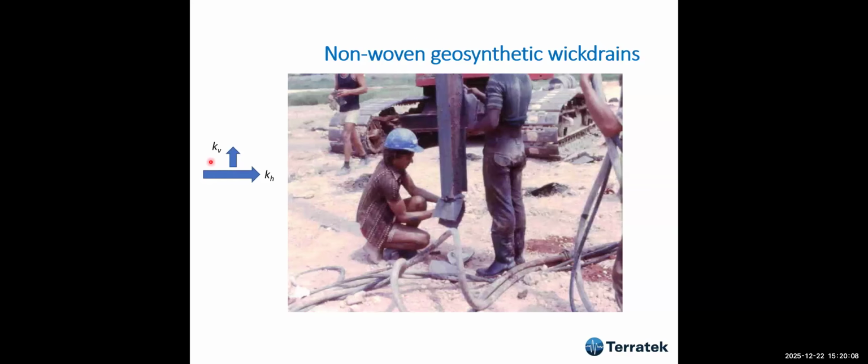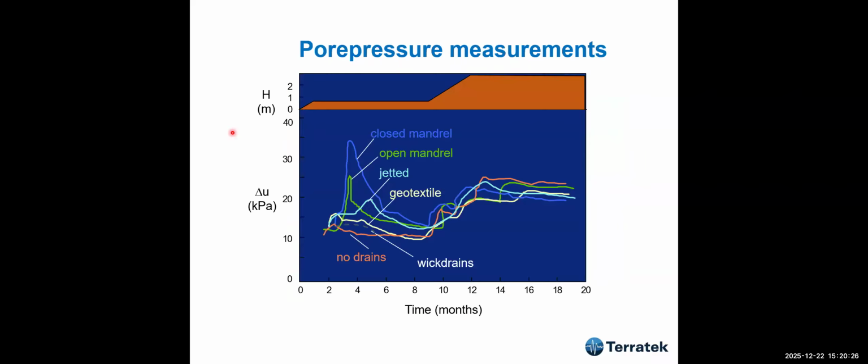It's here. What happens is that the permeability of the non-woven geosynthetic in the horizontal direction is high, but there's no way the water would come out nicely. So today we don't use that anymore.